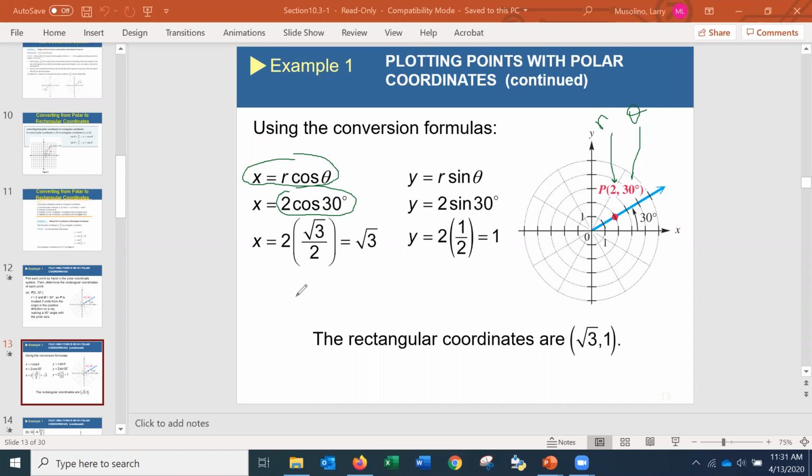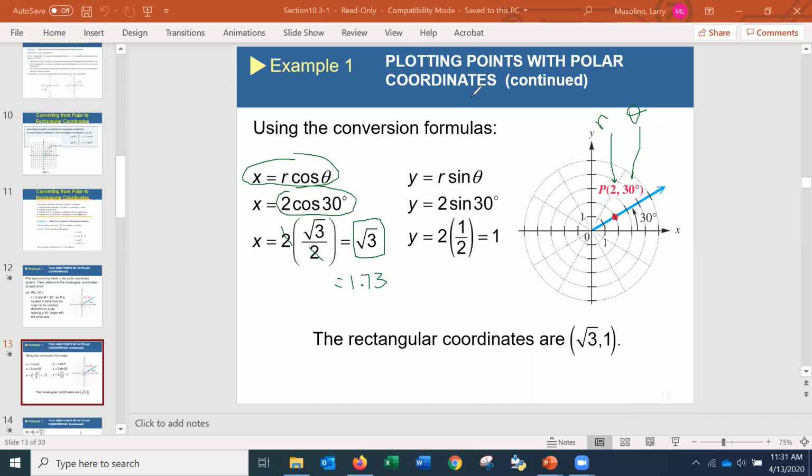Cosine 30 is the square root of 3 over 2. And I'm noticing here, this 2 will cancel out with that 2. So the x value here is the square root of 3. If I was to round that to an approximate answer on my calculator, the square root of 3 is about 1.7.